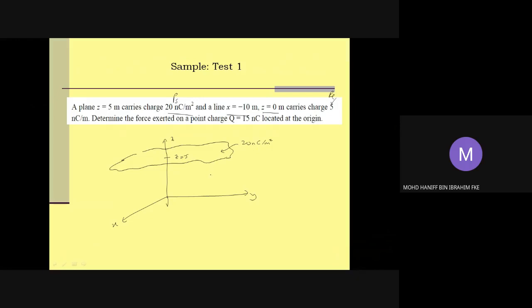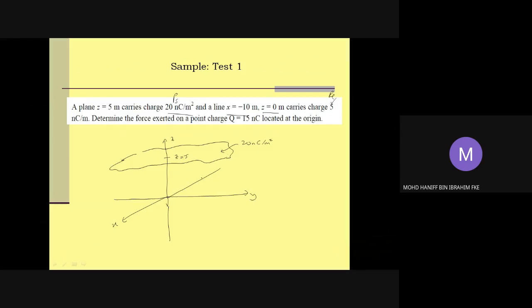Then we have another charge type, a line charge distribution located at x equals negative 10 and z equals 0 meters.